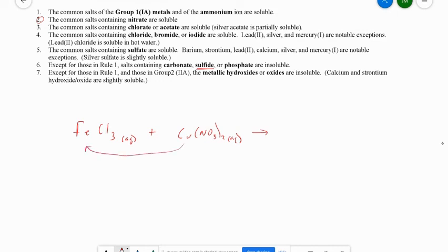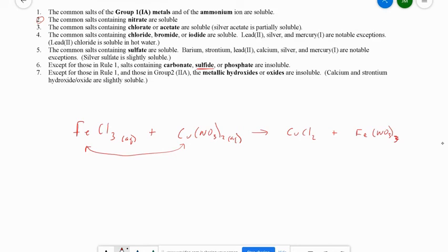First, we need to switch our cations here, so we would end up with copper 2 chloride and iron 3 nitrate. Okay, so let's check the solubility of both of these. Copper 2 chloride.